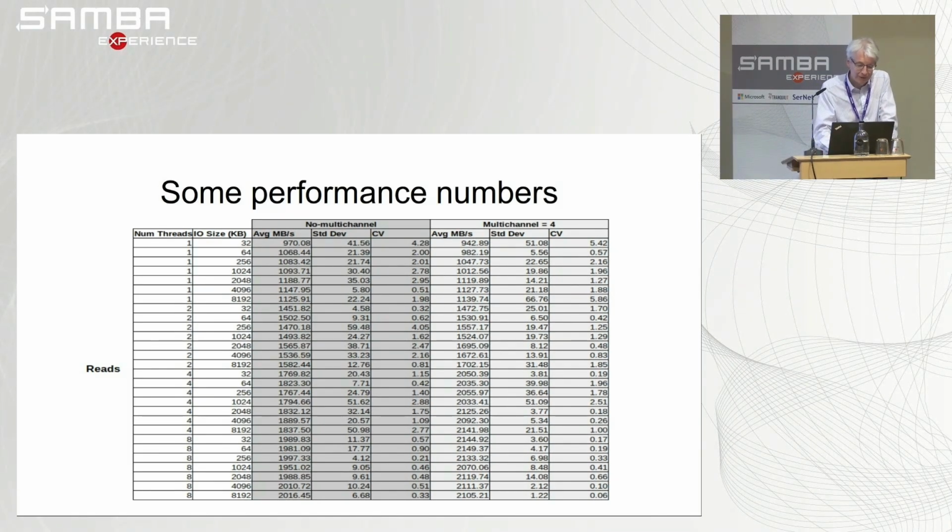So if we just take one section here of this busy table and look at number of threads 4 and the I/O sizes that we use here in this IOR test, we can see if we compare the numbers here, right? So with 64 IO block size, we get from 1800 megabytes per second to 2000 megabytes per second.